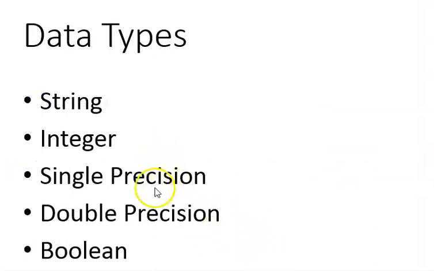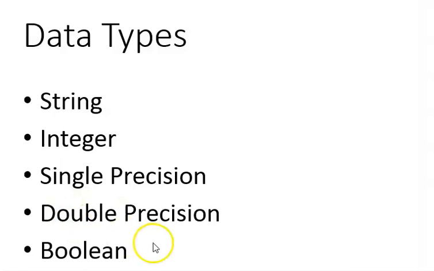These are the several types of data when you're declaring them in the beginning of the subroutine. The data can be a string, integer, it can be single precision or double precision, or it can be a Boolean. So single precision is those numbers including integers and decimal values in the order of 10 to the power of 30.